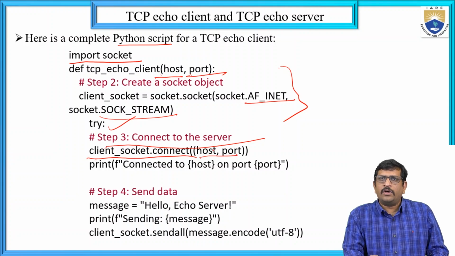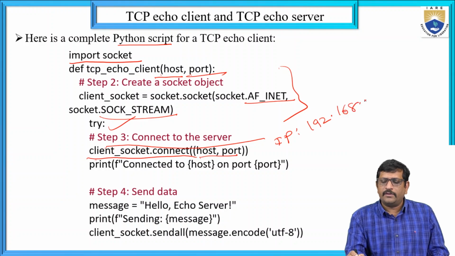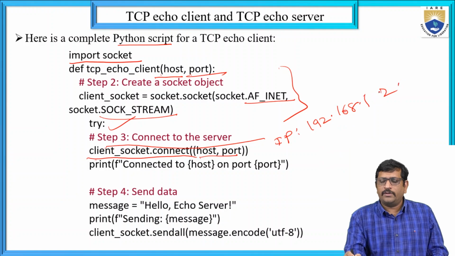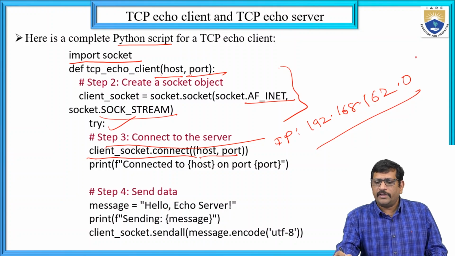The host consists of the IP address. For example, the IP address is 192.168.162.162, and each and every host has a port number.